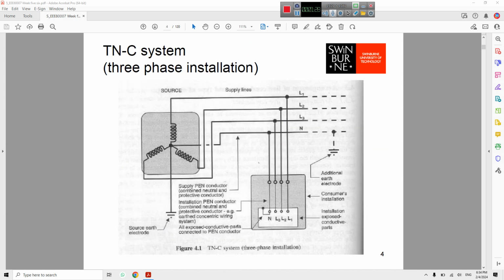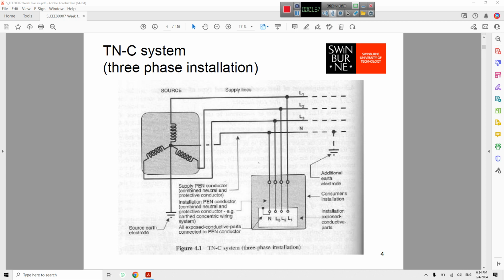So here is the TNC system, as you can see, we have 3 wires. We have a neutral which is provided by the electrical company, here SEB or TNB. Then, instead of N only, this is PEN, which is protective earth and neutral at the same time.